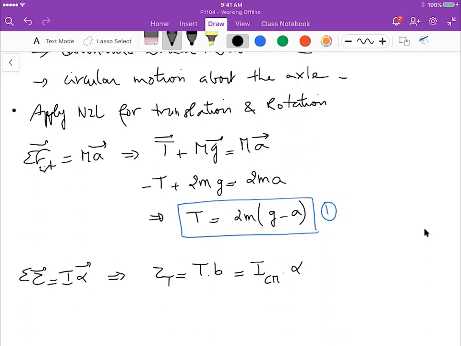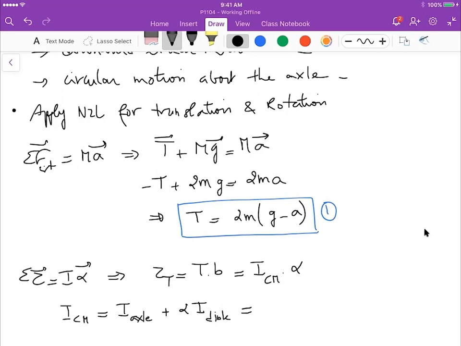Now, how much is I center of mass? Let's write it. The yo-yo is composed of two discs or two circular plates plus the axle. So I center of mass is expected to be the moment of inertia of the axle plus 2 times the moment of inertia of the plates, which we are going to call discs.